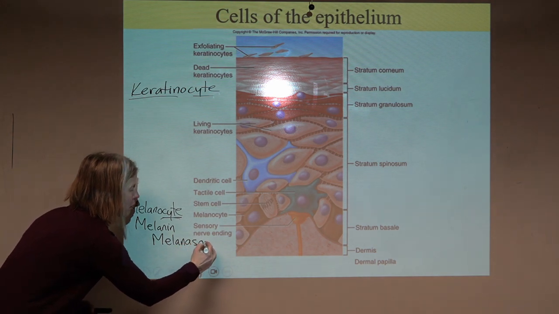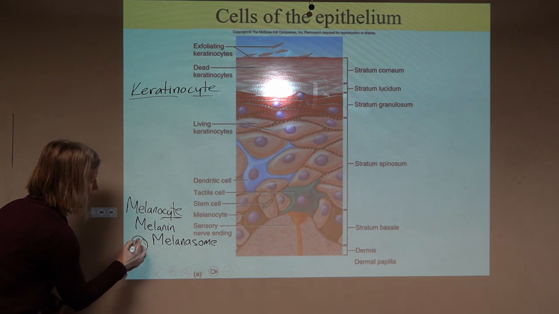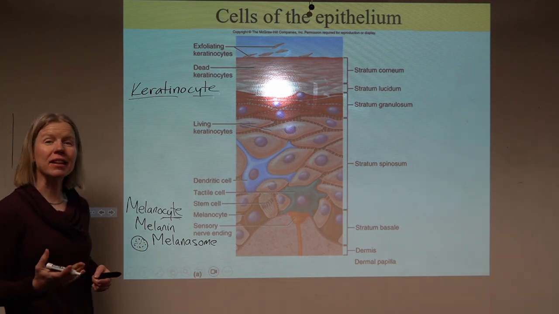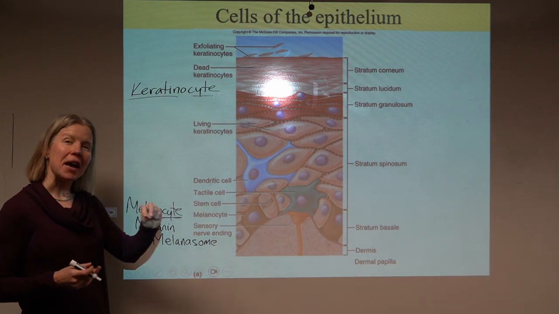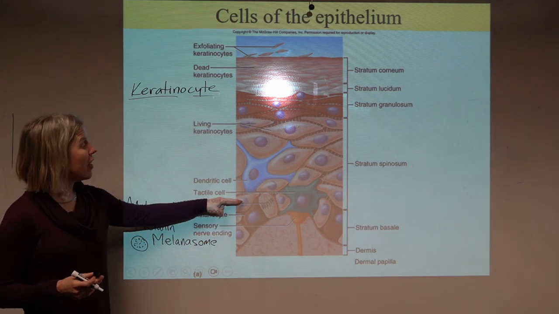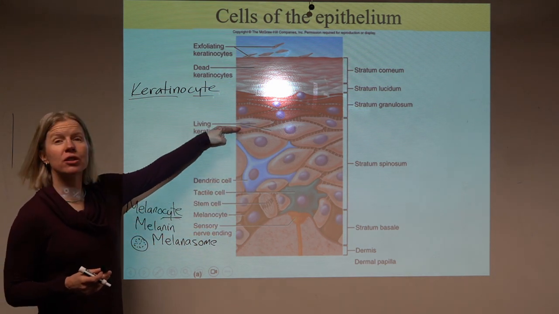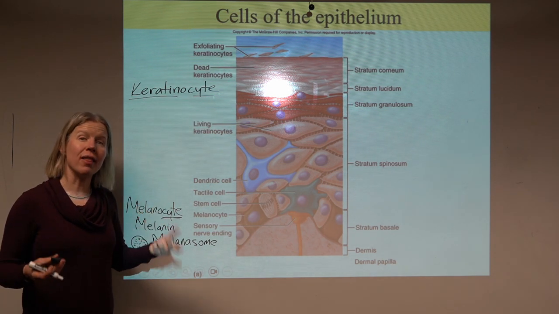I think that's spelled right, melanosome, right? And again, this is just a little vesicle of the pigment melanin, and melanocytes are going to hand that off to neighboring keratinocytes, right? It's going to move into their cells, and then as those keratinocytes get pushed to the surface of the skin, they're carrying melanin with them.